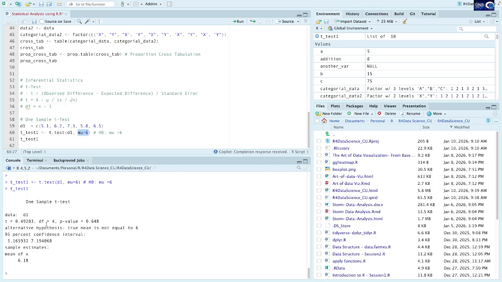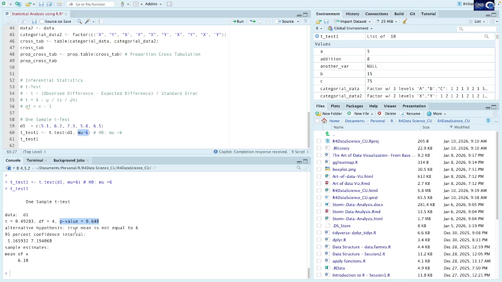And the p-value, as you all know, is the central value for decision making, basically in data analysis. In most data analysis problems, we consider the p-value.